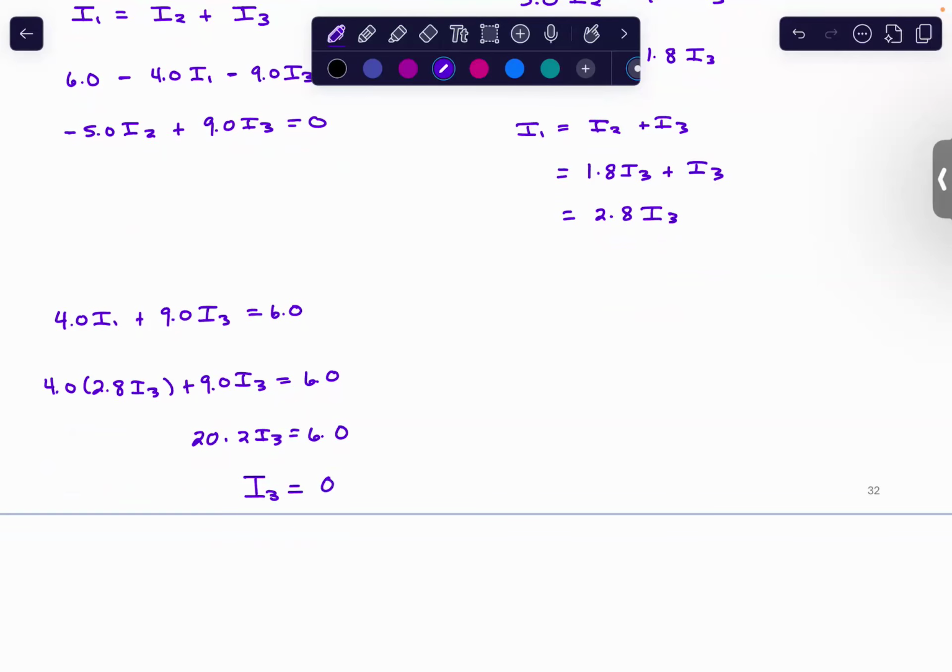I3 equals 0.297 amps. Yeah, so 4 times 2.8, that gives you 11.2 plus 9. So now we have one of them.